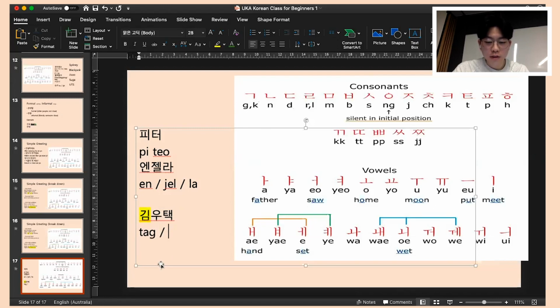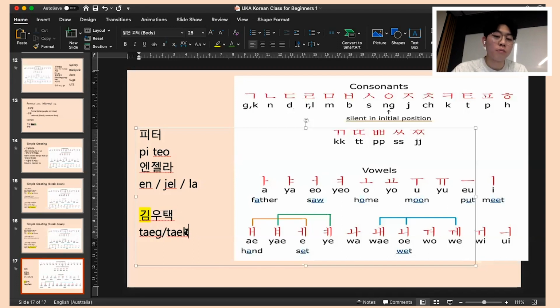So, okay, let's look at the difference. I think when you have this first consonant as your bottom combination, it tends to go stronger and make this K sound instead of a G sound. So it's Kim U Tek.